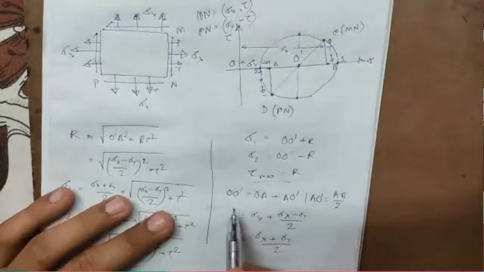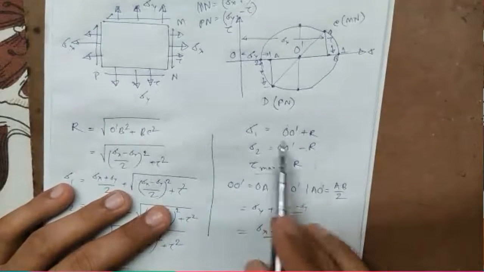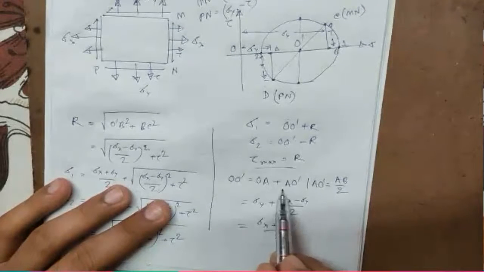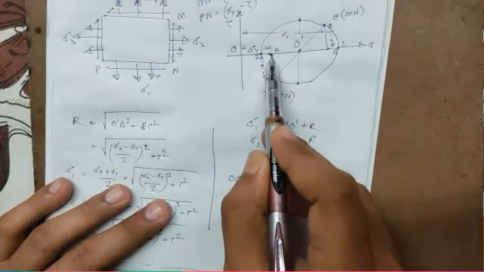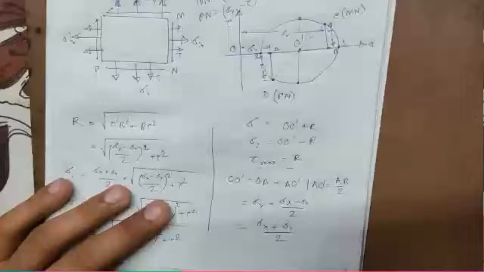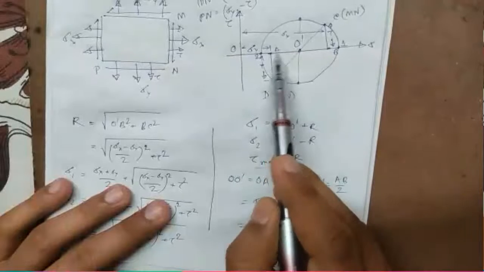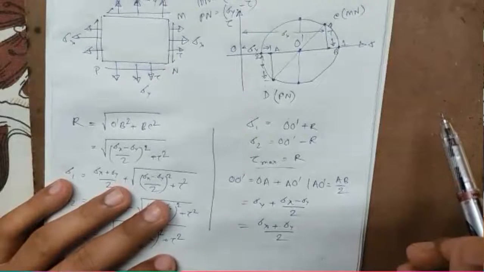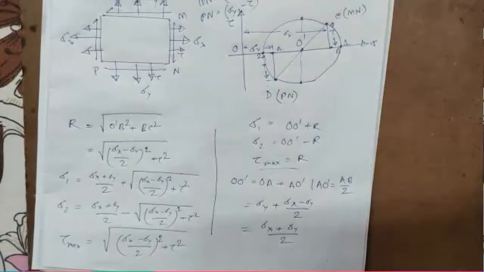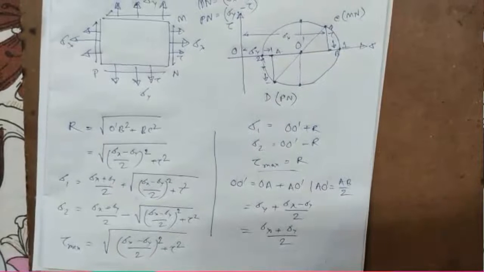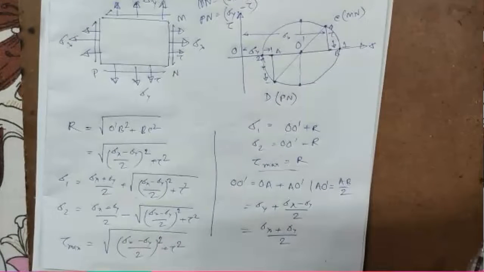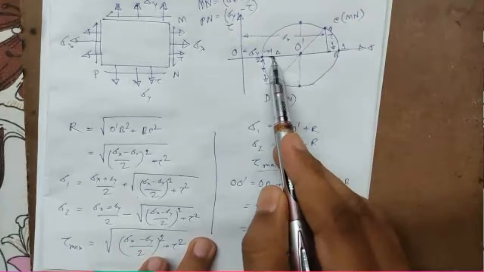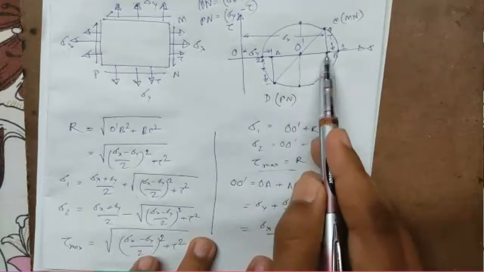Now our job is to find O dash for each of the cases. So O dash can be written as OA plus AO dash. Again, AO dash is equal to half of AB.